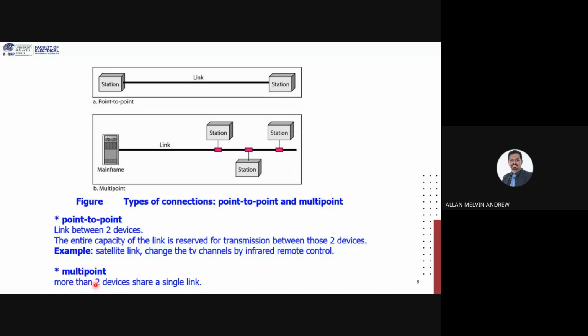And multipoint means more than two devices share a single link. Like how we are doing now, it's multipoint. I just give you a single link of Google Meet, and all of us are connected from various points. So that is what we call multipoint.